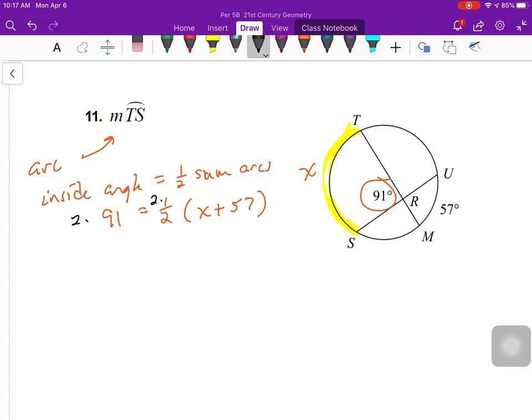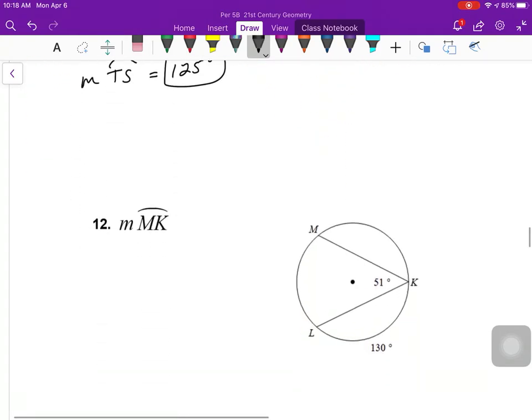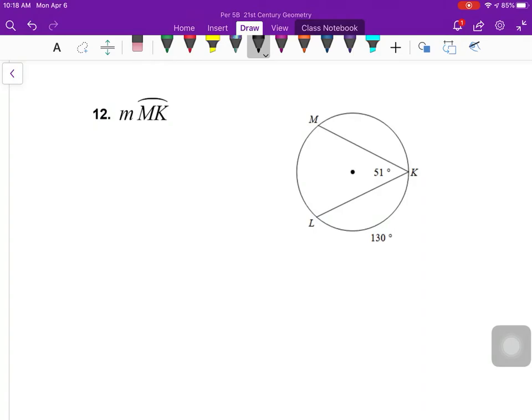And the sum of the arcs would be x plus 57. Hey, it's just algebra from here. 2 times 91, 182, equals x plus 57. Subtract the 57. X equals 125. So the measure of arc TS, 125.